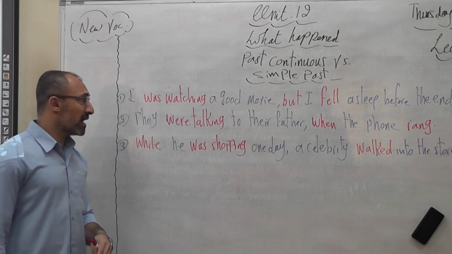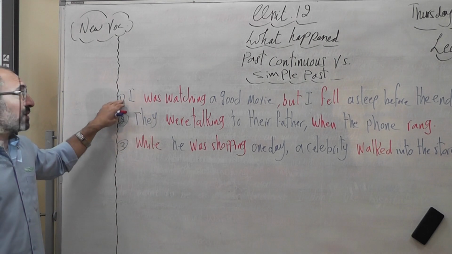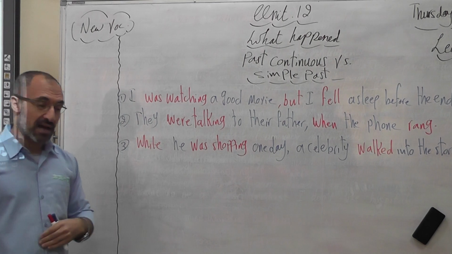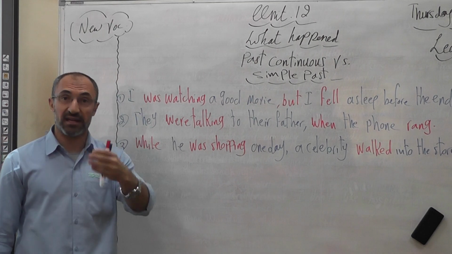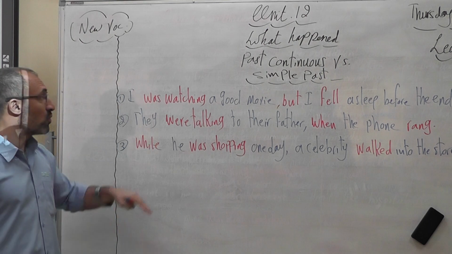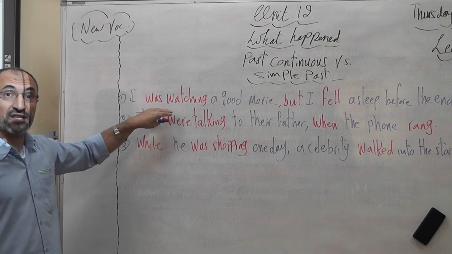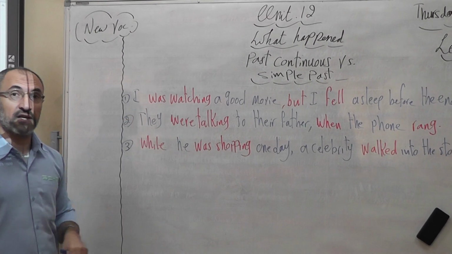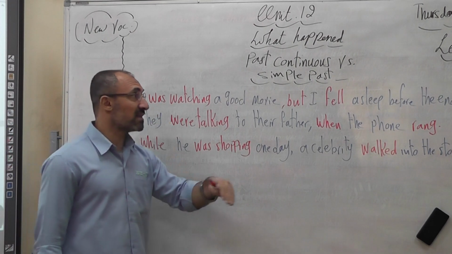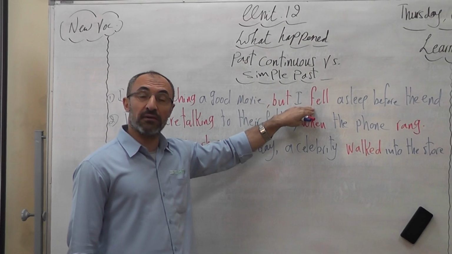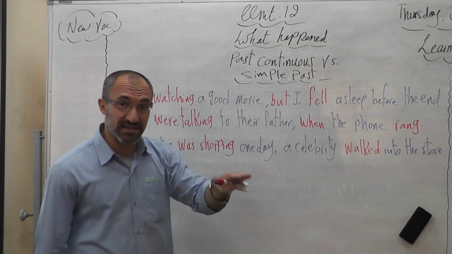So, looking at our sentence, we have a continuous action, an action that is running, that is going on, which is watching, was watching. Then came a simple past tense, which is fell, the past of fall, that interrupts it.